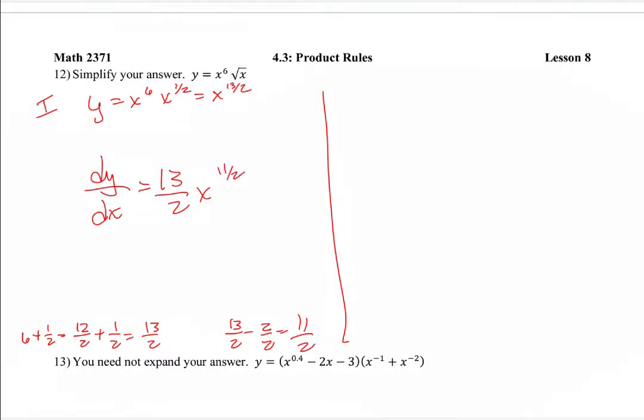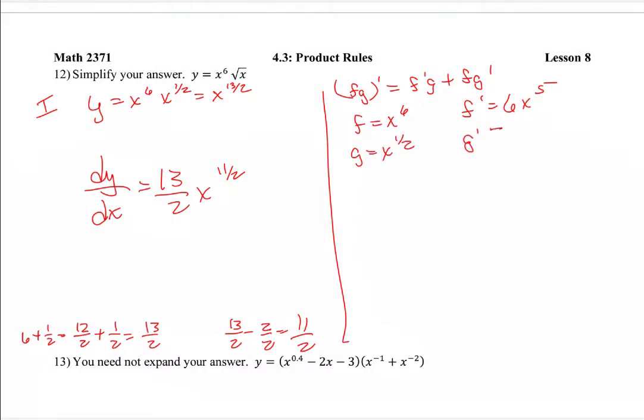So now over here I have (fg) prime equals f prime g plus f g prime. F equals x to the 6th, so f prime equals 6x to the 5th. G equals x to the 1/2, so g prime equals 1/2 x to the negative 1/2.